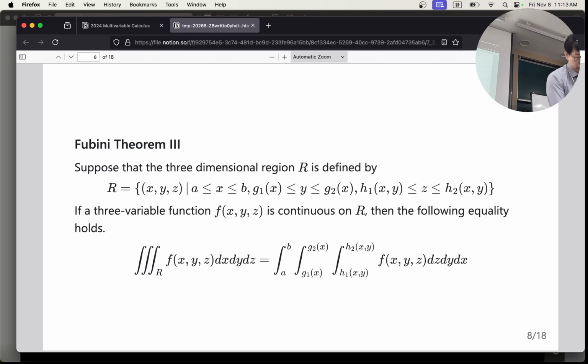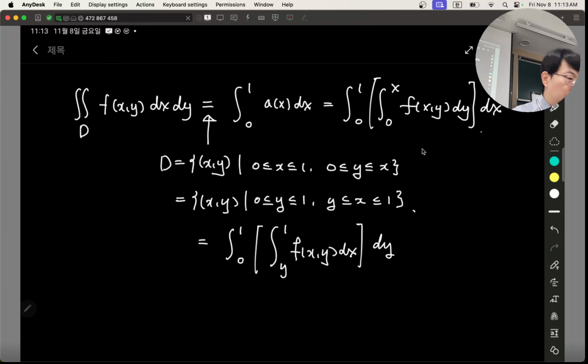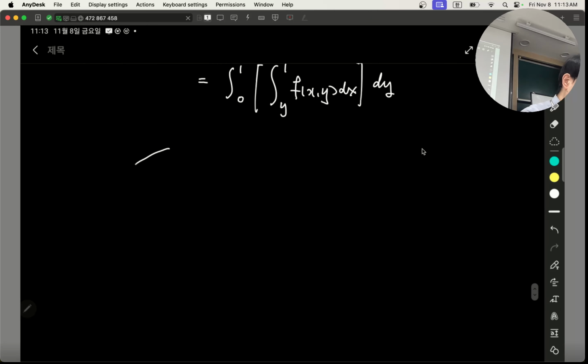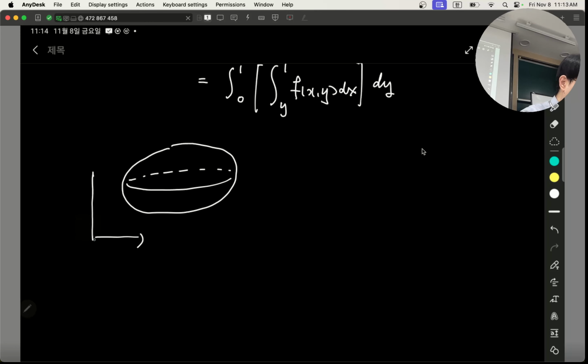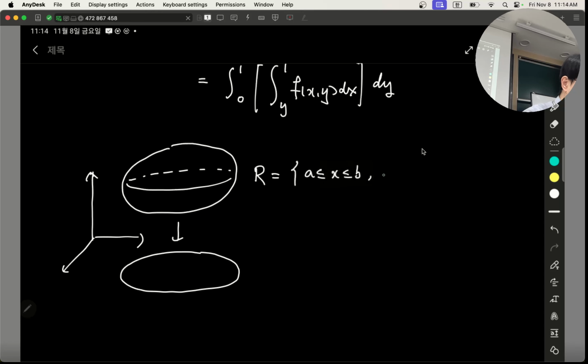Let me draw the picture, since I didn't put the picture here. The general picture is, let's say we have some volume in three-dimensional space. When you project it, this is my D, and this is R. R is defined by a ≤ x ≤ b, and so on.